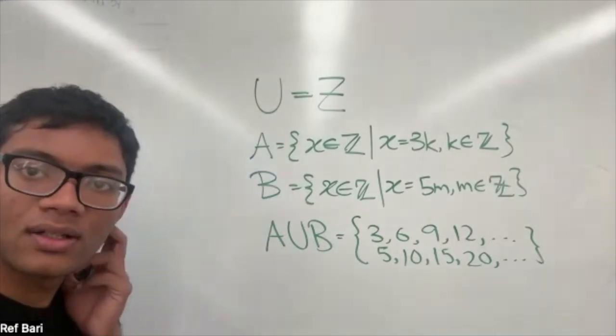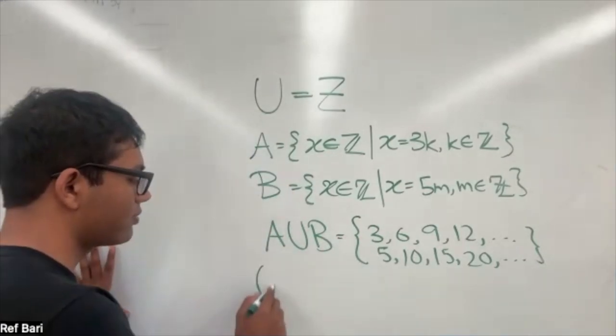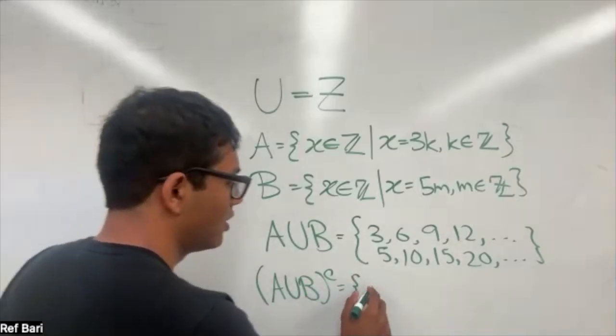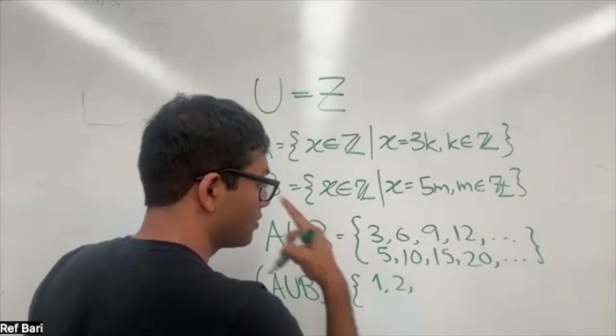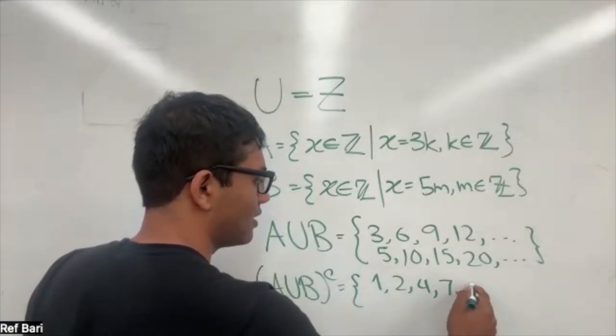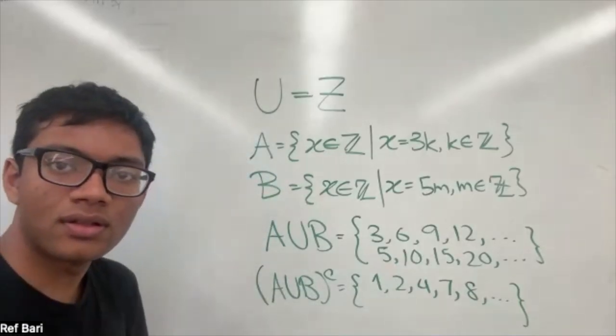Then the complement will be everything not inside of that. So 1, 2, 4, 7, 8, and so on. That's right.